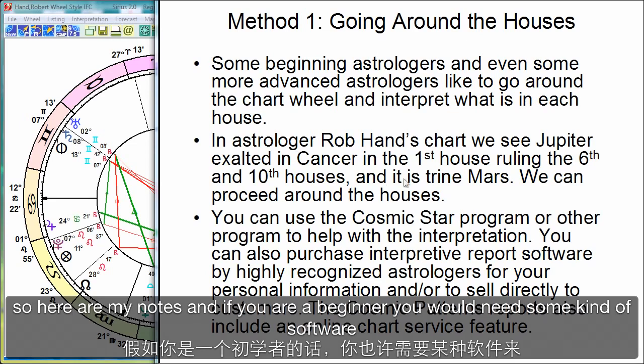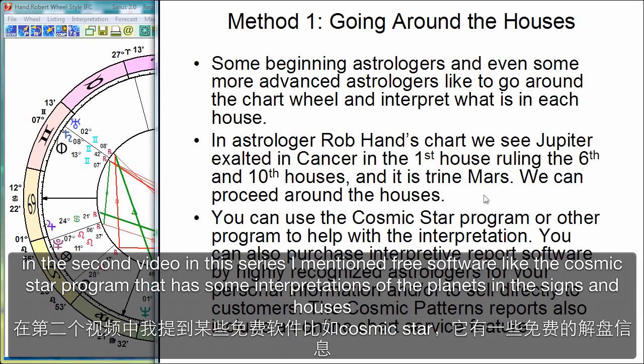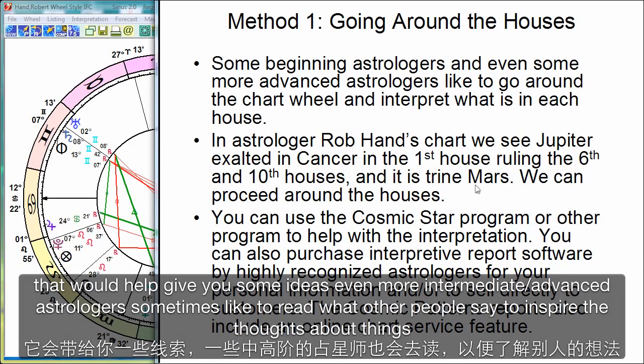So here are my notes, and if you're a beginner, you would need some kind of software. In the second video in this series, I mentioned free software like the Cosmic Star Program that has interpretations of the planets and the signs and houses that would help give you some ideas. Even more intermediate and advanced astrologers sometimes like to read what other people say to inspire their thoughts about things.